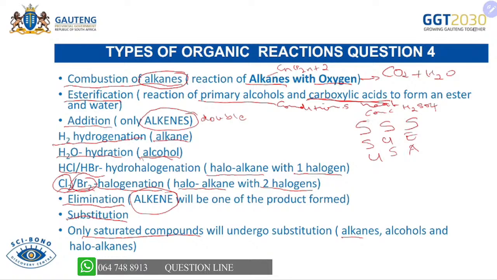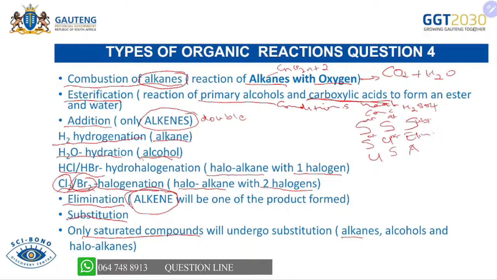So we know that if you have a saturated compound and you find a saturated compound as your product, it means the reaction was substitution. That is why during substitution the reactants will be saturated, and the saturated compounds are alkanes, alcohols, and haloalkanes. If the reactant is saturated and you find the product being unsaturated, you will know it is an elimination reaction.